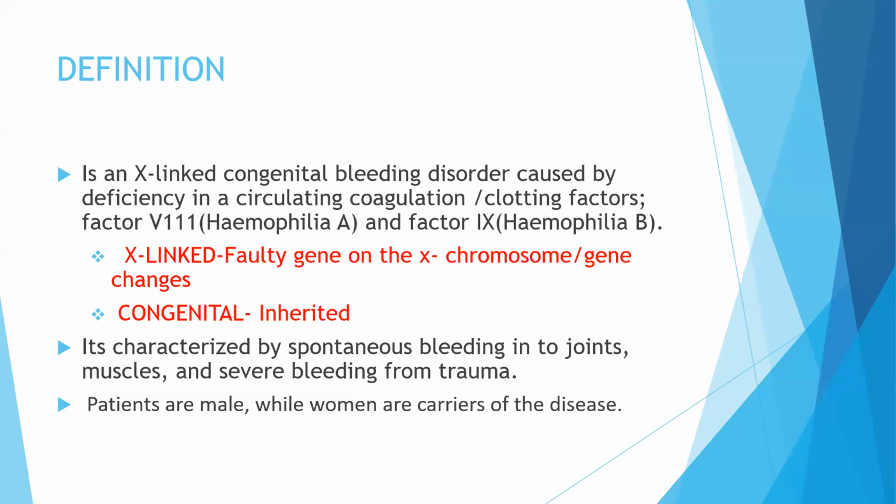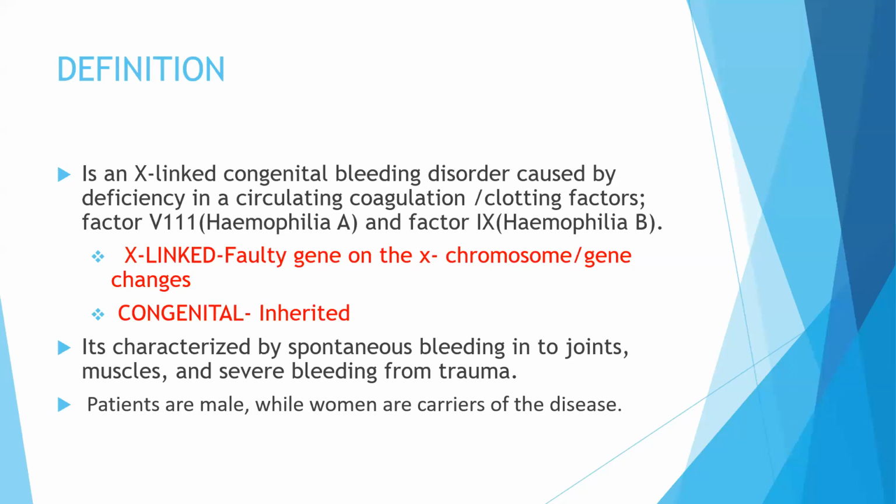Okay, what is hemophilia? Hemophilia is an X-linked congenital bleeding disorder that is caused by deficiency in circulating coagulation or clotting factors. That is factor 8 for hemophilia A and factor 9 for hemophilia B. X-linked means there's a fault on the gene on the X chromosome, or there are gene changes. Congenital means it's inherited.